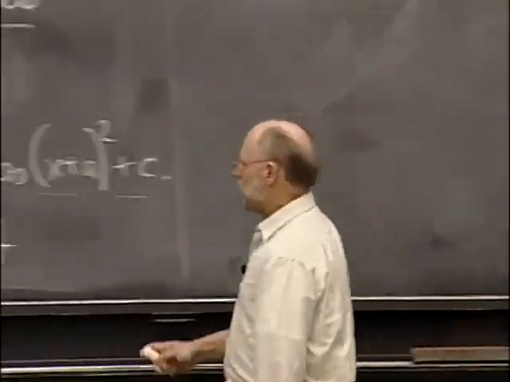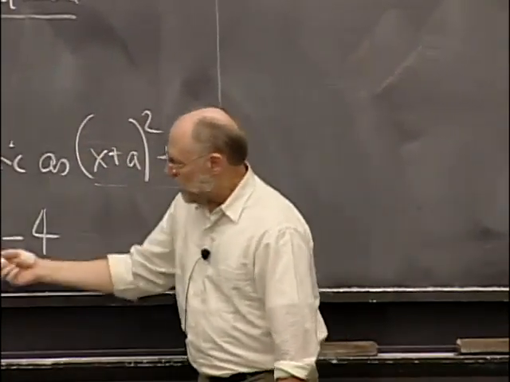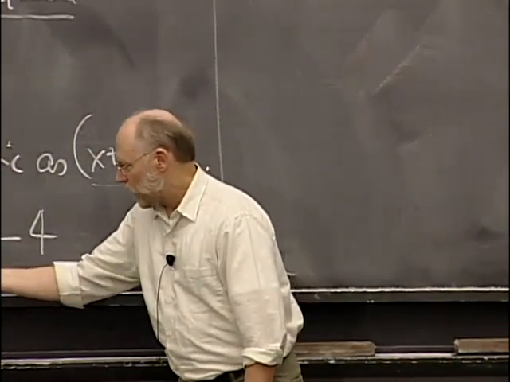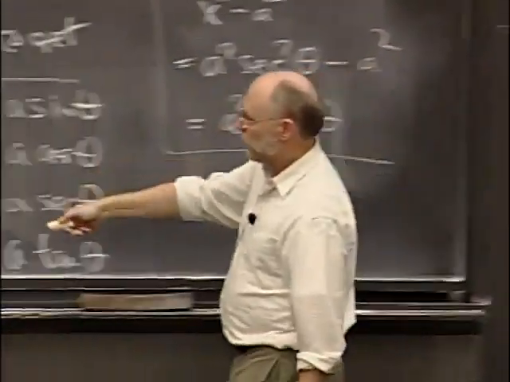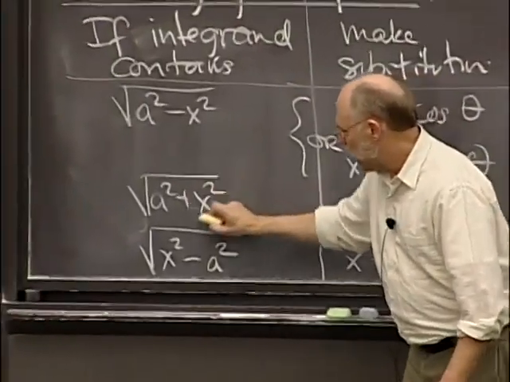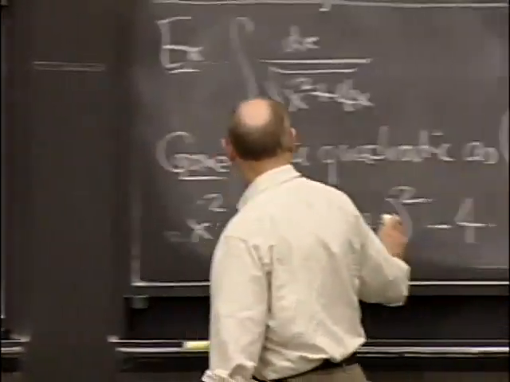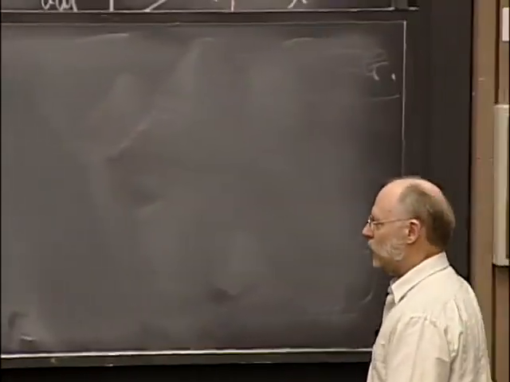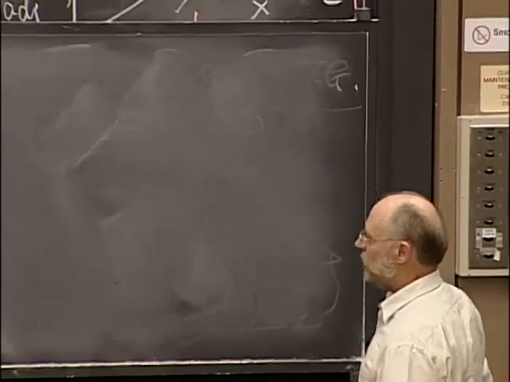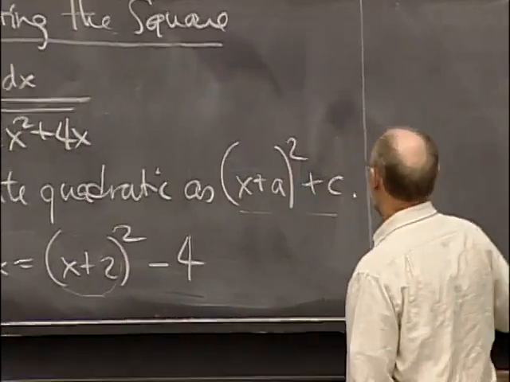I can rewrite this denominator like this, and then I'm going to try to use one of these forms over here. So in order to get a single variable there instead of something complicated like x plus 2, I'm inclined to come up with another variable name and write x plus 2 as that other variable name.